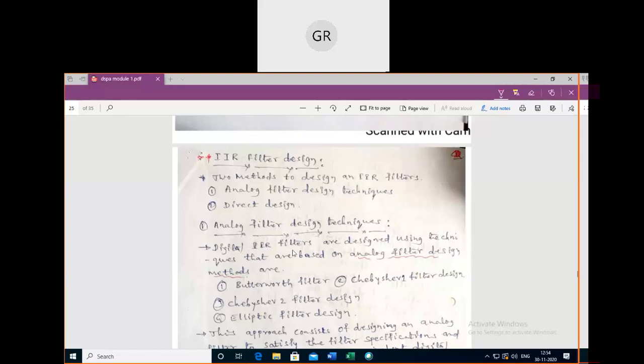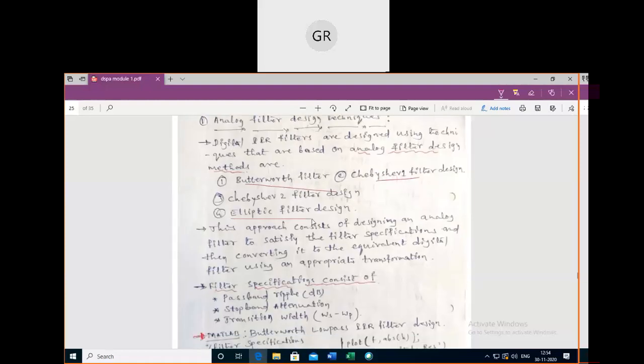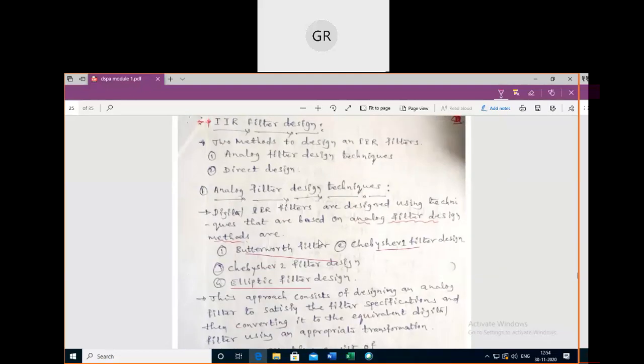Digital IIR filters are designed using techniques based on analog filter design methods. There are different types of analog filter design techniques: Butterworth filter, Chebyshev-1 filter design, Chebyshev-2 filter design, and elliptic filter design.